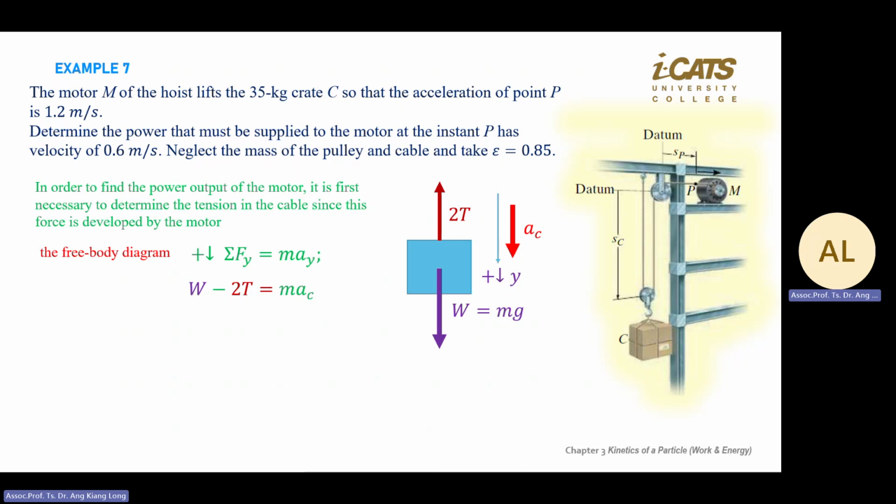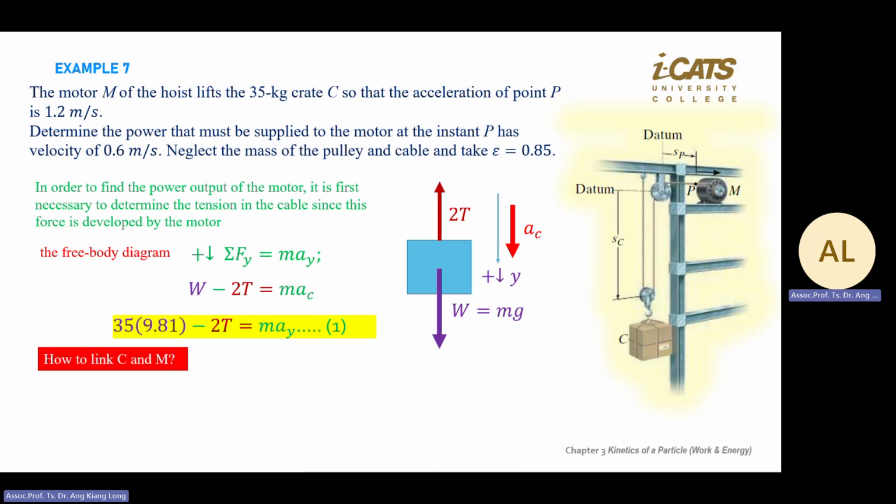So you solve object by object. So this is the first equation. You put in the known value, then it becomes equation 1. You know W equal to mg, mass is given, gravity you know. Then you get T equal to something A.